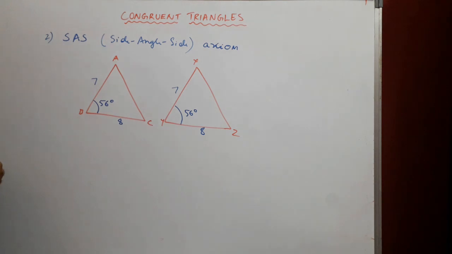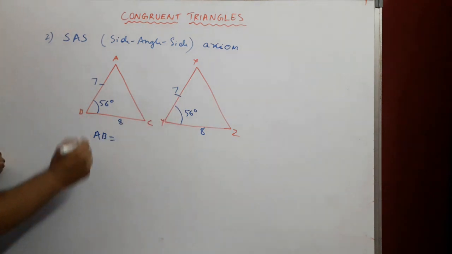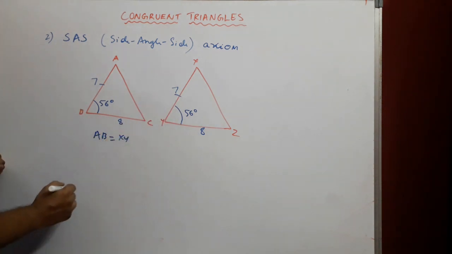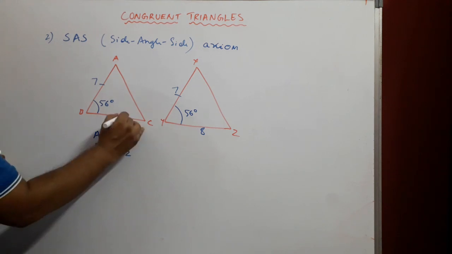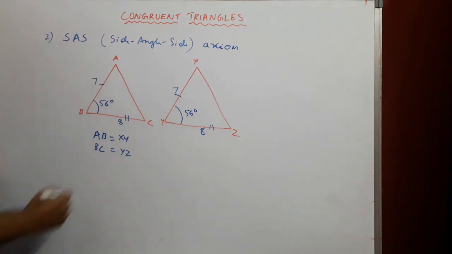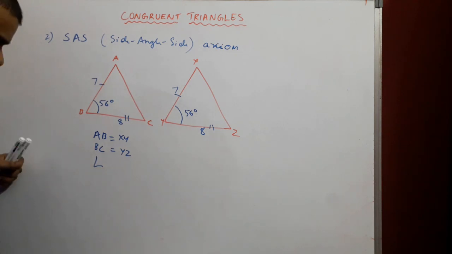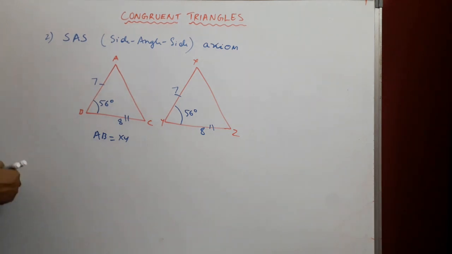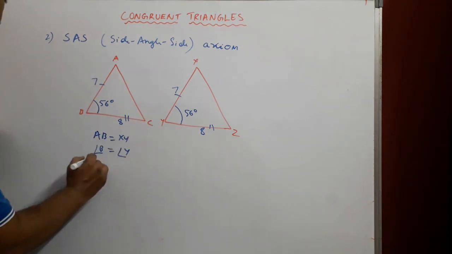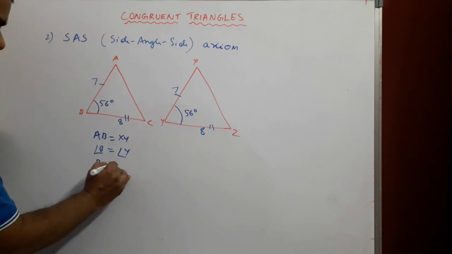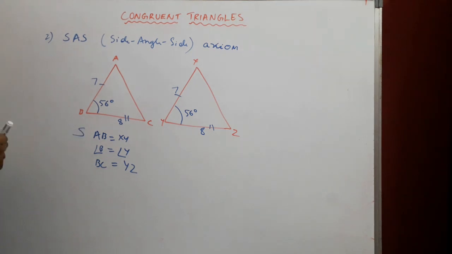So over here AB is equal to XY and BC is equal to YZ. Mark this with a double slash. And angle B is equal to angle Y. Let me put it this way.